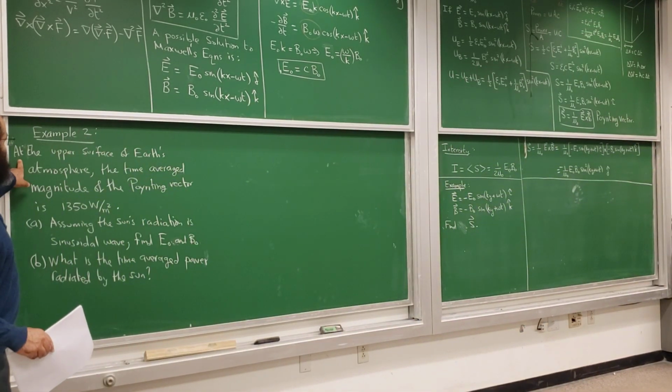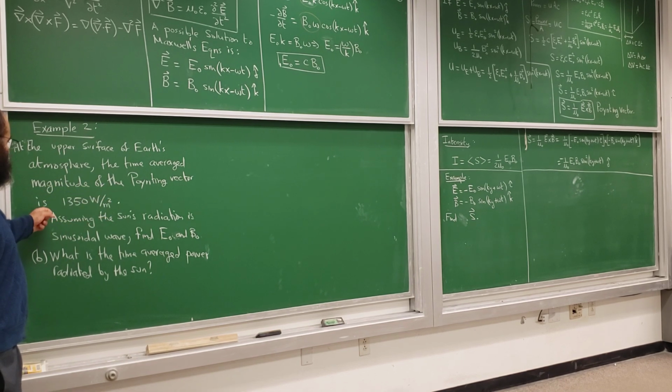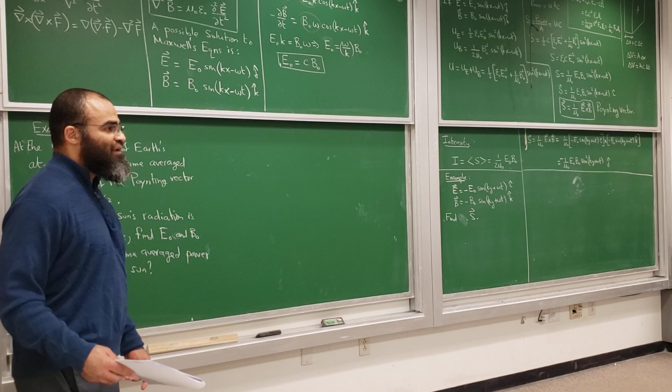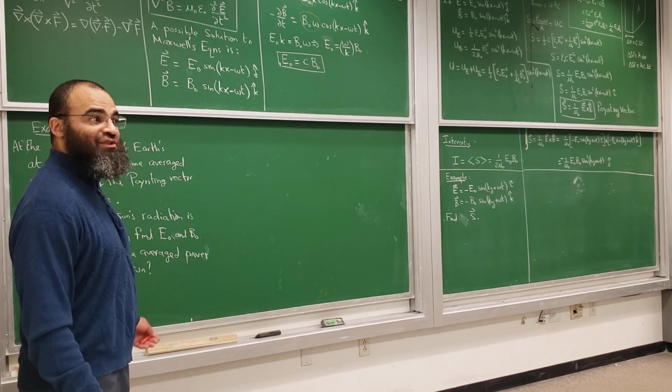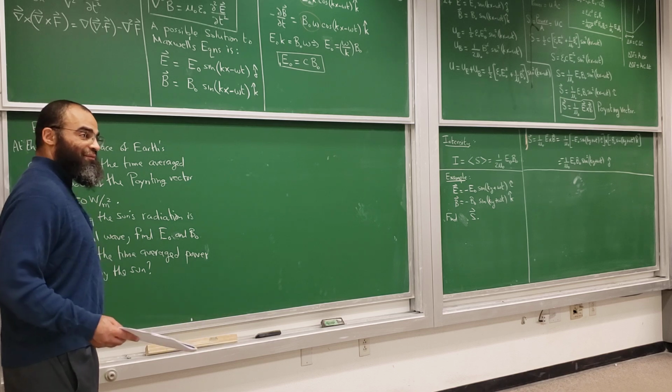Example 2 says at the upper surface of Earth's atmosphere, the time averaged magnitude of the Poynting vector is 1,350 watts per square meter. What is that trying to say? What's the average of S called? Intensity. So they're just saying the intensity is this.